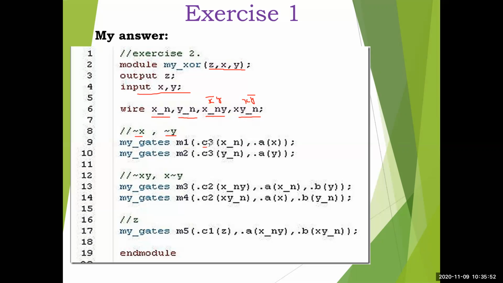Their output is C3 and here our output is x underscore n, and our input is x. There it was a in our my NOT gate. Similarly the second NOT gate, y underscore n is the output here. There it was C3 and here it is y, the input. a was the input there.